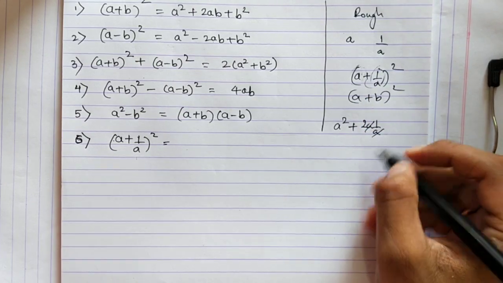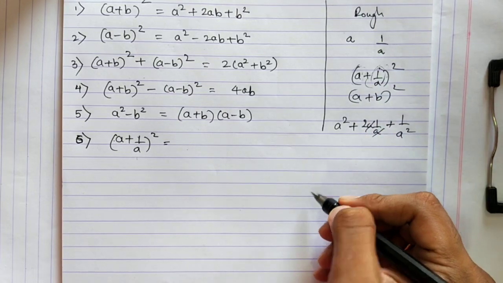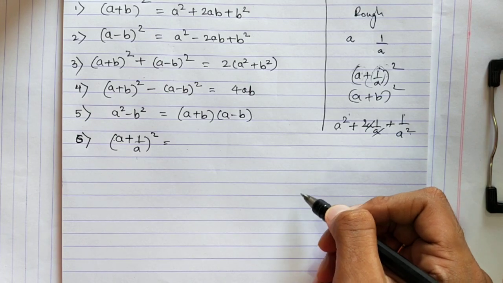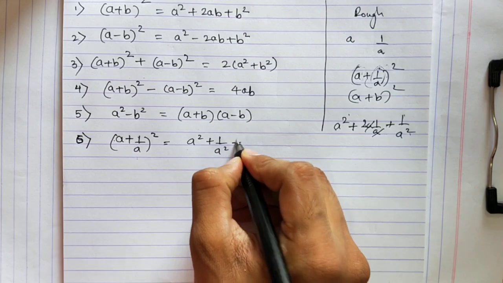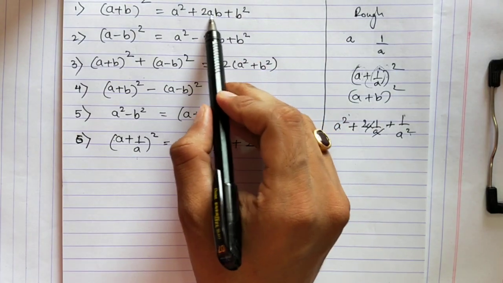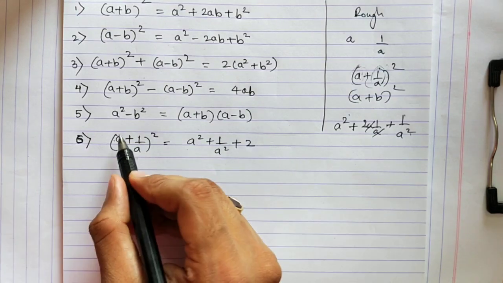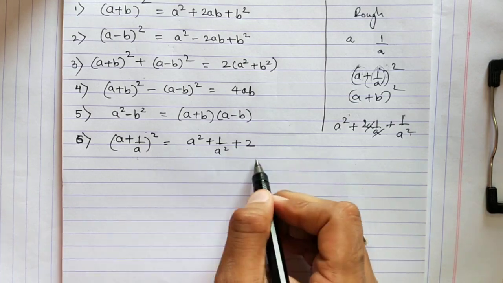So this a and a will get cancelled, plus b square means (1 upon a) the square. So what answer did you get? a square plus 2 plus 1 upon a square, or we can write it as a square plus 1 upon a square plus 2. Unlike in this where we have ab, here we have only 2 because the a and b terms, that is a and 1 upon a, get cancelled here. Okay, so you get only this much.